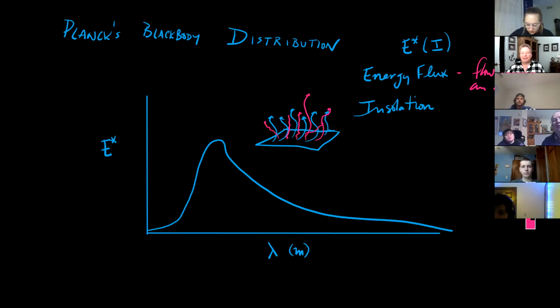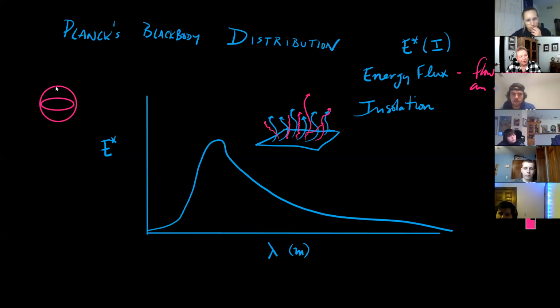Now, when we're talking about a black body, what kind of a surface are we probably talking about in terms of planets and suns and things? Wouldn't it just be a big sphere? So imagine that you have a big sphere, and you're covering the sphere with little tiles of carpet.